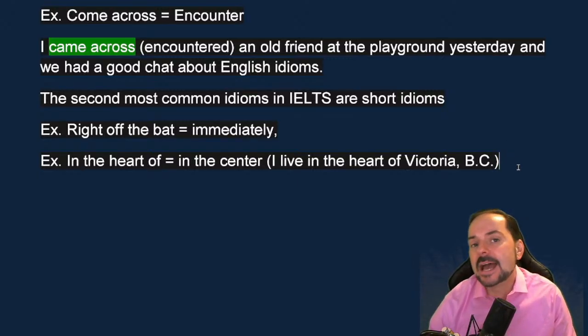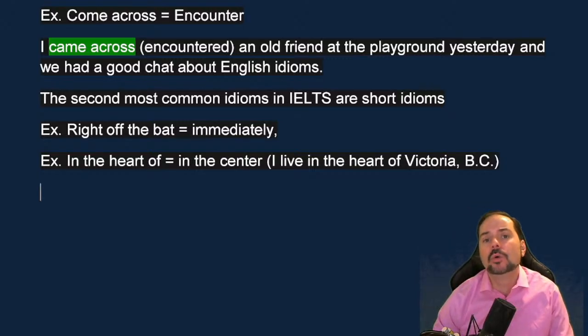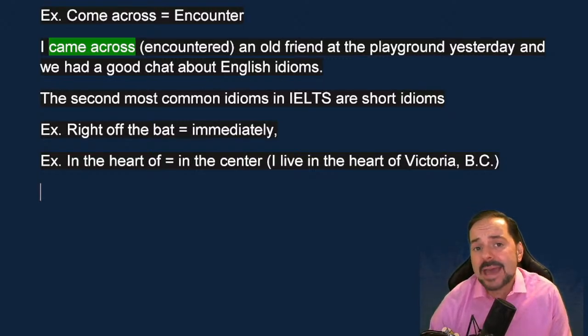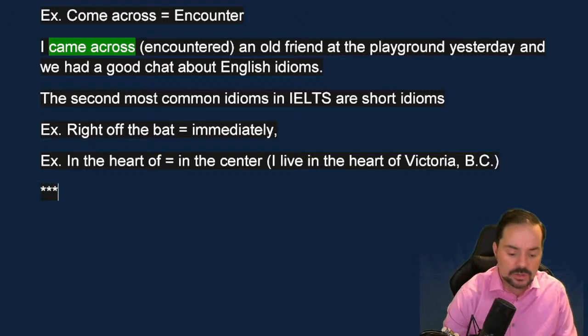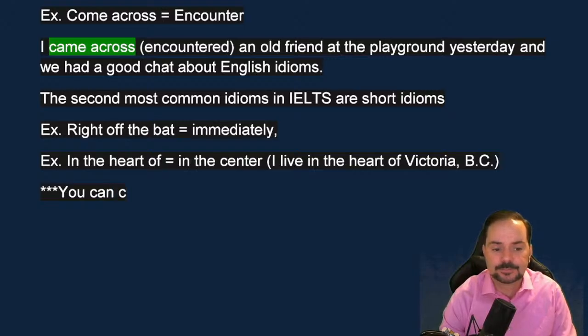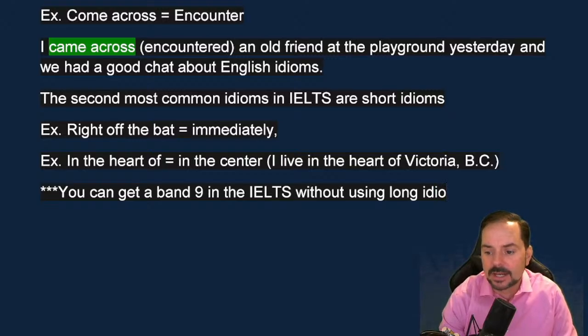And then only after that do we use really long idioms. And I don't even recommend using these long idioms. You can get a band 9 in the IELTS without using long idioms or idiomatic language, okay?